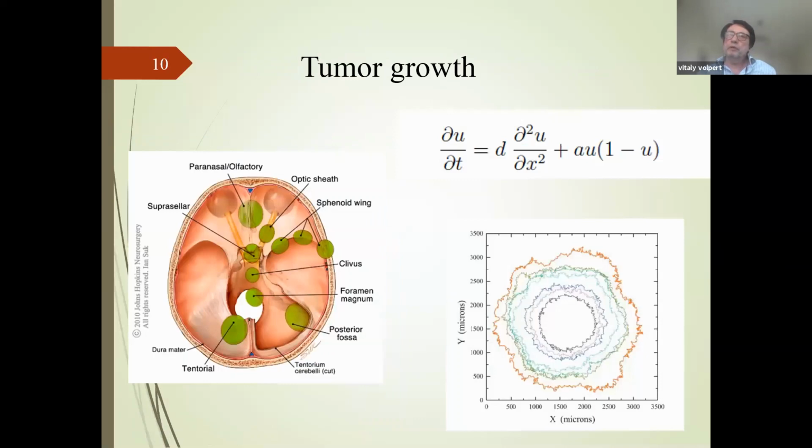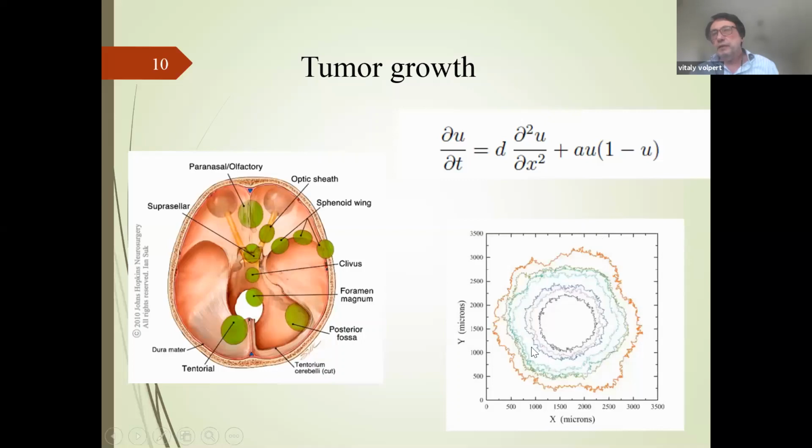A very important application in biomedicine is related to tumor growth. In fact, tumor growth is also an example of reaction diffusion waves. The reaction diffusion equation shown in the slide is a very simplified model, but even this simplified model can be used to describe the growth of a population of malignant cells.